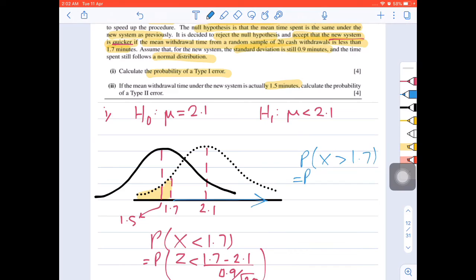This will be equal to probability of z greater than 1.7 minus 1.5 because we're taking the new distribution now, so it will be 1.5 as the mean upon 0.9 upon root 20. So probability of z greater than 0.994.